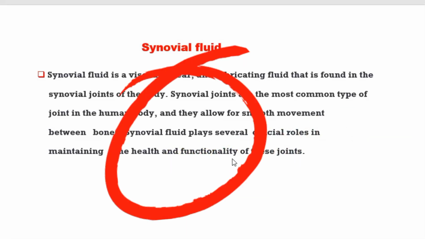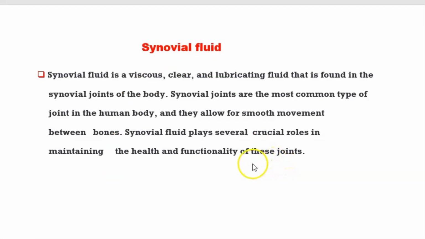As a result of the presence of synovial fluid in the joint, there is no friction, and the joint is able to perform its normal functions, balancing the body and carrying out human health. All this is available because of the presence of synovial fluid.